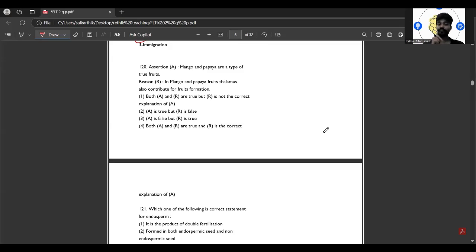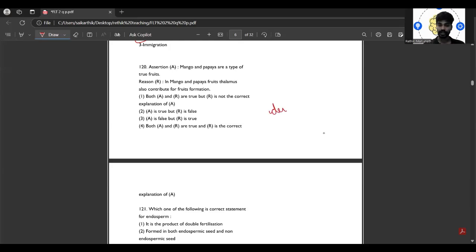In mango and papaya, the thalamus does not contribute to fruit formation, because both are true fruits, meaning they developed from the ovary.